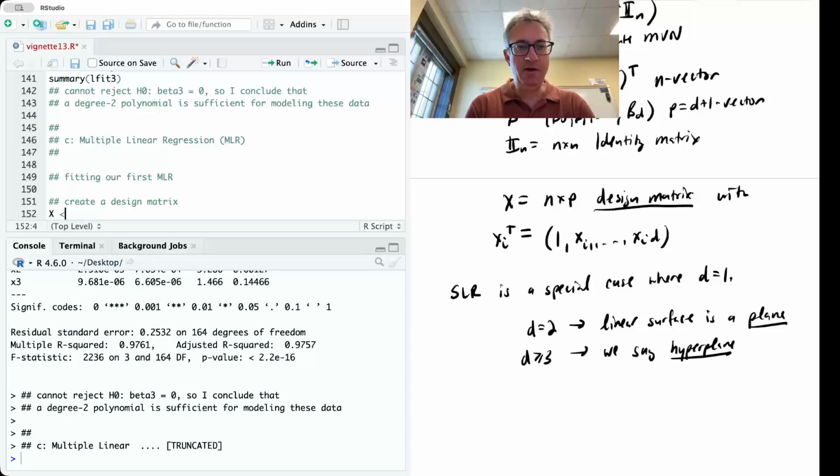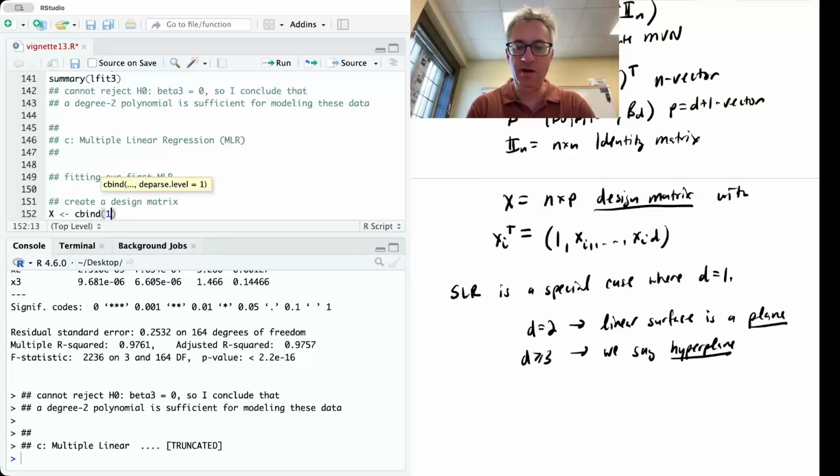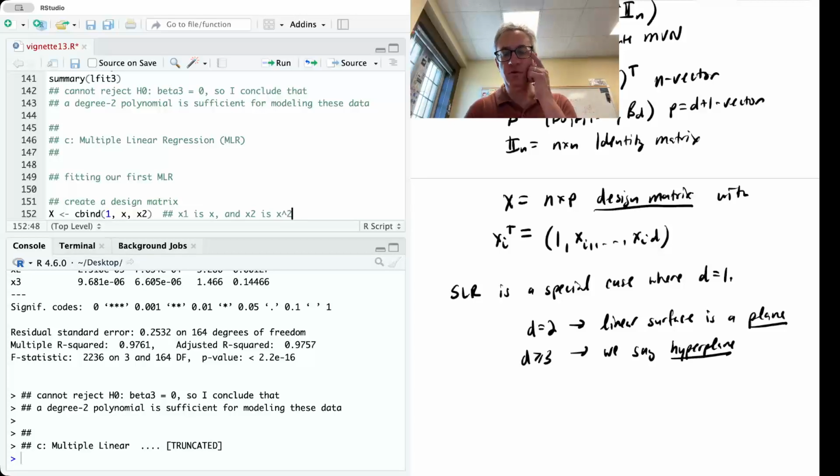So capital X is going to be, we're going to continue on from our polynomial regression example from part B of this chapter 13 vignette. So I'm going to column bind a 1 vector with x1 and x2. Actually, it wasn't called x1, it was called x because we were doing a polynomial regression. So x1 is x and x2 is x squared, if you recall.